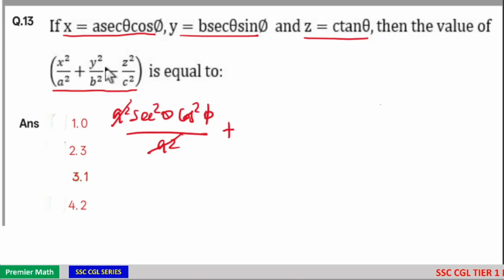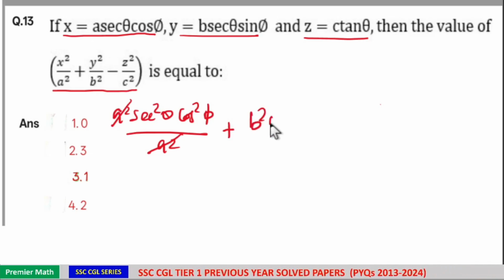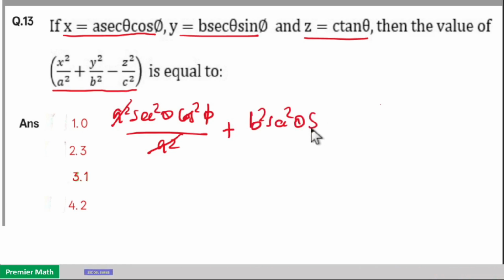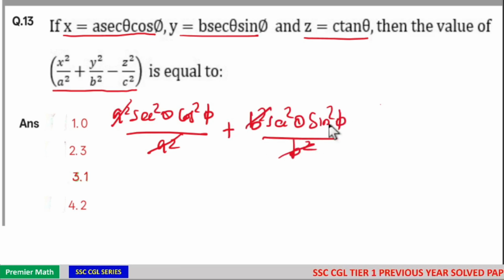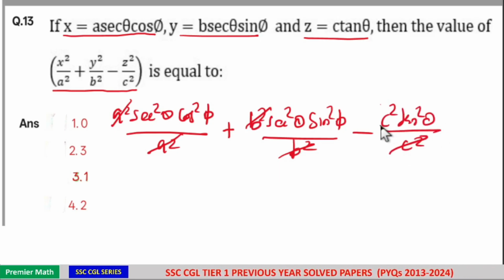Take the square of y. Then y square by b square will become b square sec square theta sin square phi divided by b square. b square cancels. And take the square of z, then minus z square by c square is equal to c square tan square theta divided by c square. c square cancels.